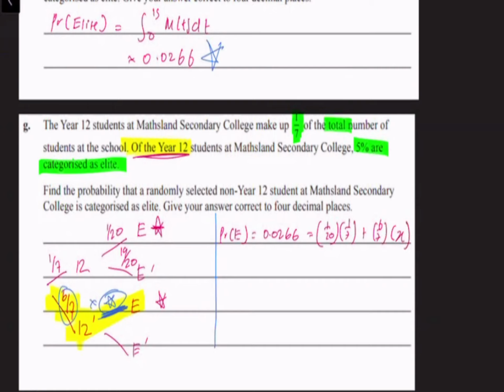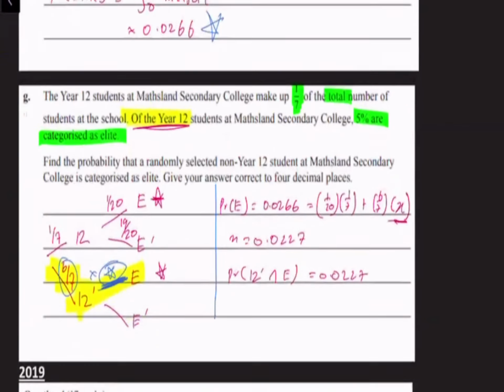As you can see, we only have one unknown. So you can just chuck this into your CAS and you get x is 0.0227. So the probability that you're not in year 12 and elite, which is what they're asking for, is 0.0227.